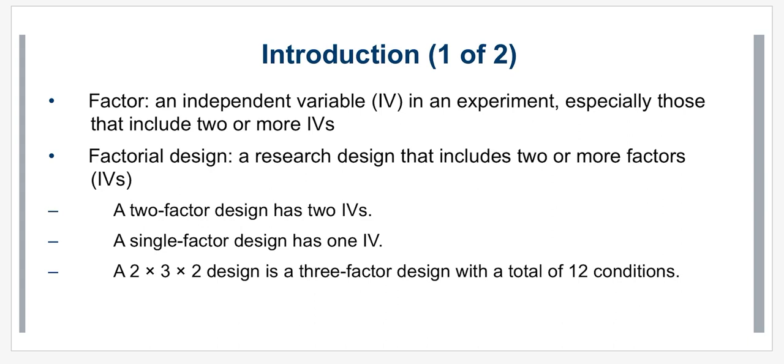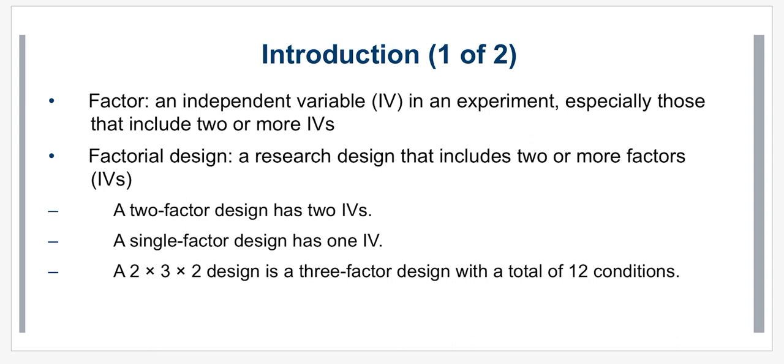And so there's two levels there. And so that could be a treatment versus control condition where there was some sort of manipulation and the other group did not receive that manipulation, right? And so that would be an example of a 2 by 3 by 2 design. That's what those numbers mean.